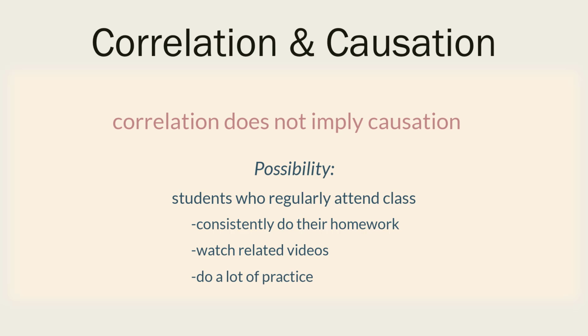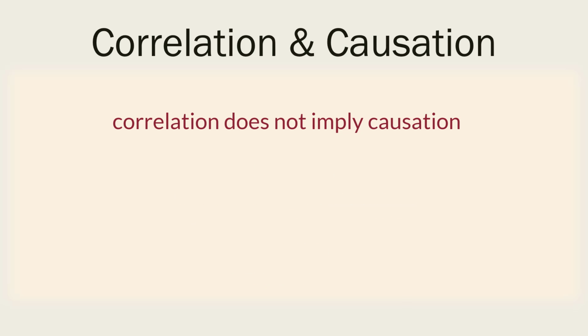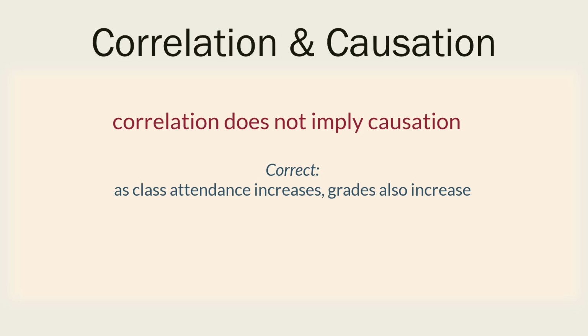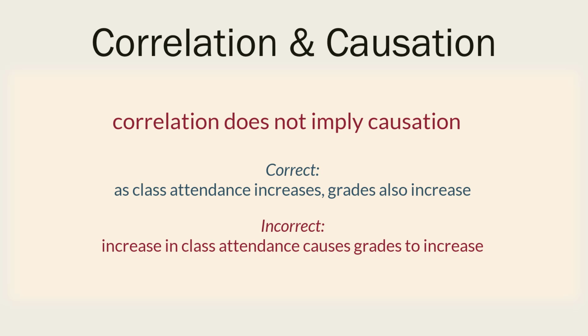So correlation does not imply causation or causality. We can say that as class attendance increases, grades also increase. But we do not say that an increase in class attendance causes grades to increase. That is, without performing an experiment.